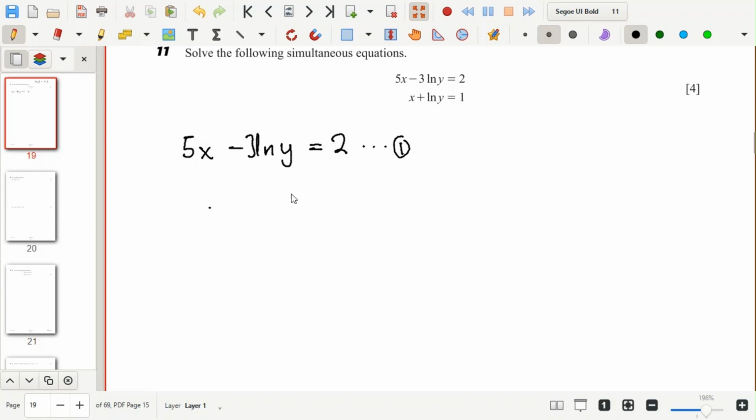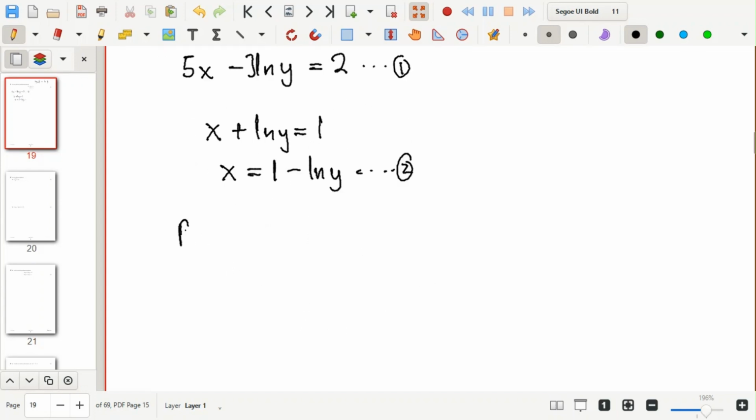The second one here, I want to make x the subject. If I do so, I'll have 1 minus ln y. We call this equation 2. So let's put 2 into 1. So if I do so, I'm going to get 5 times x. x is 1 minus ln y.